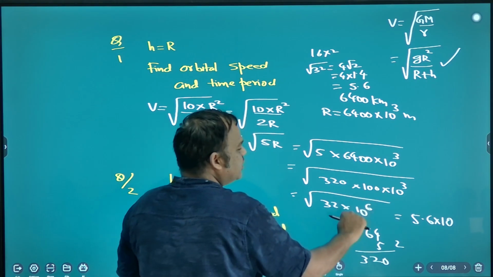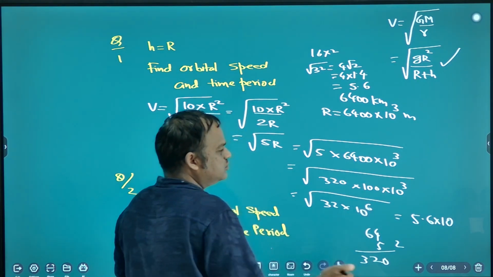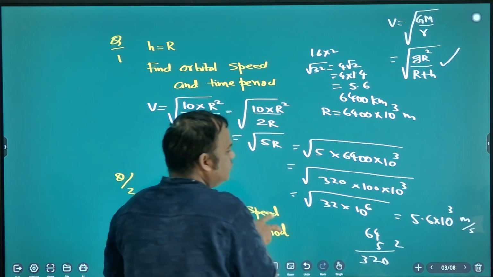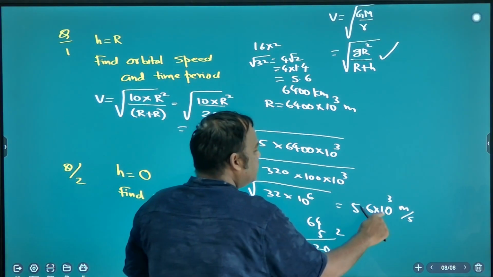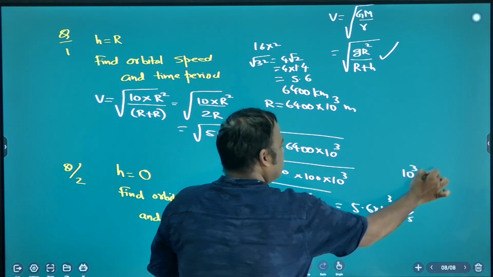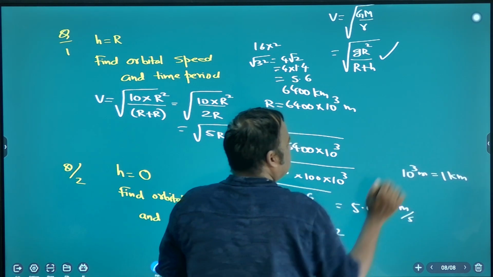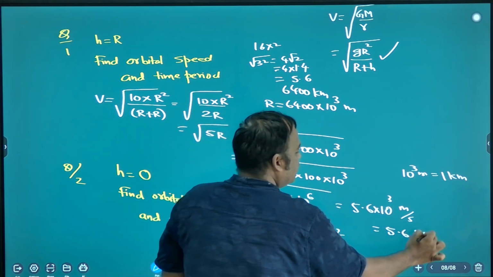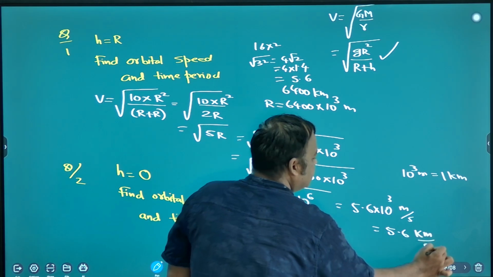What is the square root of 10 raised to 6? Correct. So this is 5.6 into 10 raised to 3 meter per second. Now 10 raised to 3 meter, again you write 1 kilometer. So this is 5.6 kilometer per second.